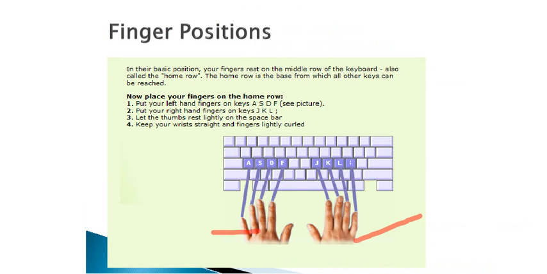We can put the right hand fingers on J, K, L and colon, and the left hand fingers on A, S, D, F. This is known as the home row. And the rest, that is the thumb. The thumb is only to strike the biggest key on the keyboard, known as the spacebar.